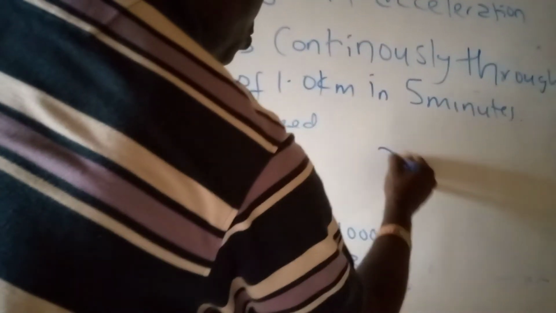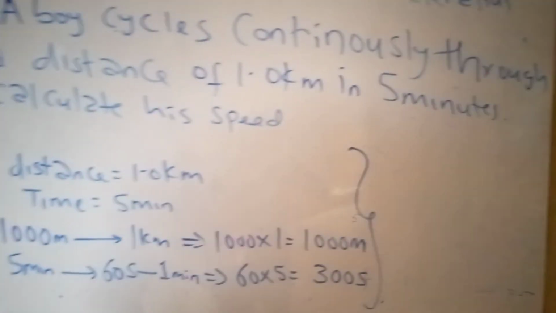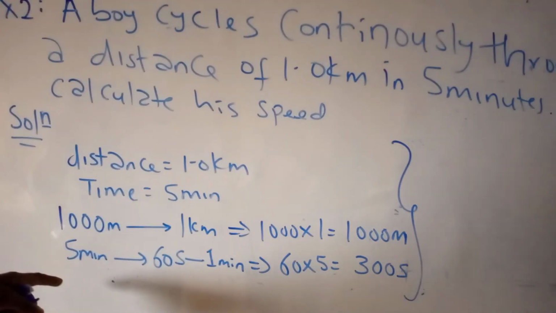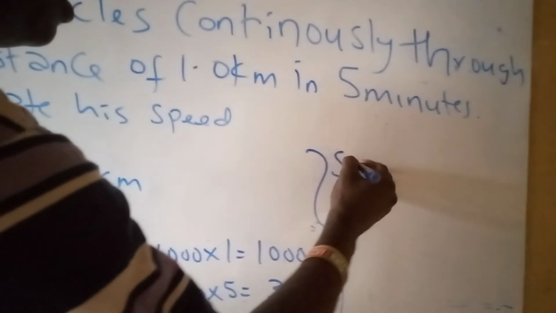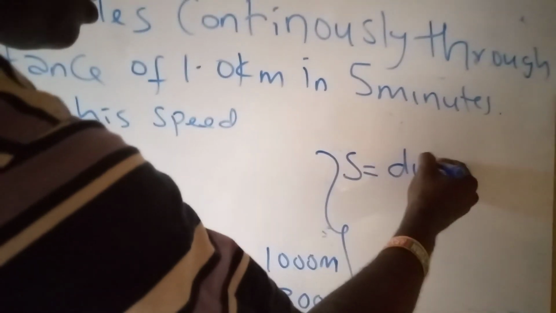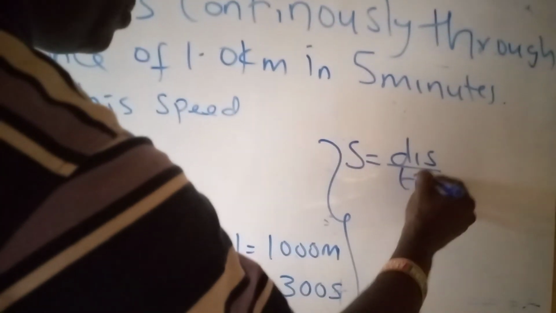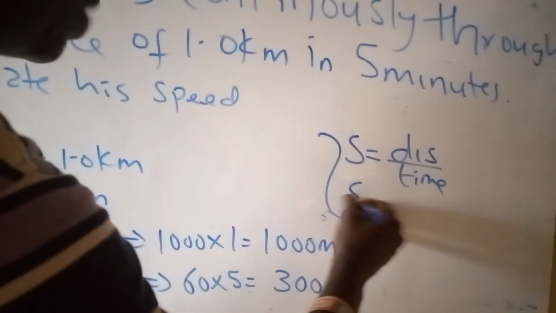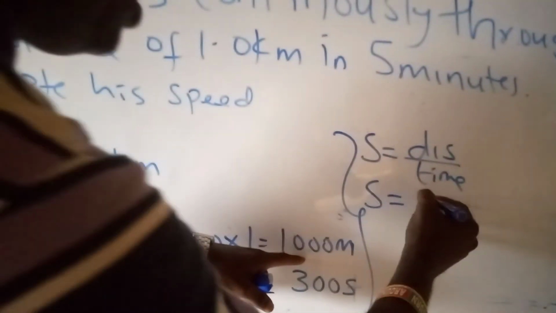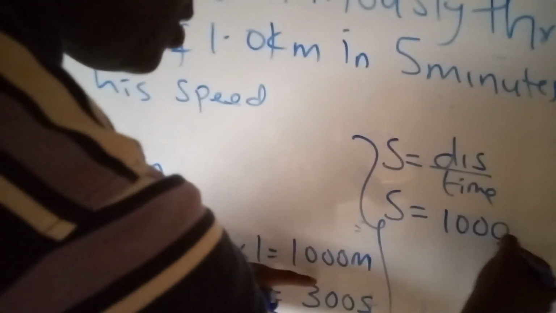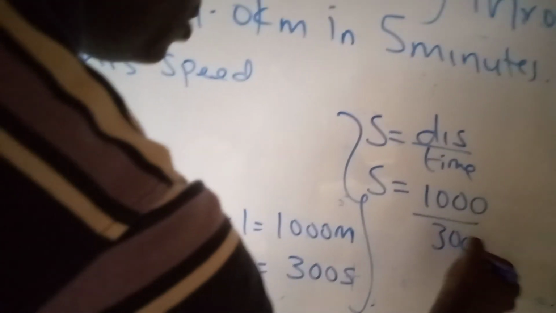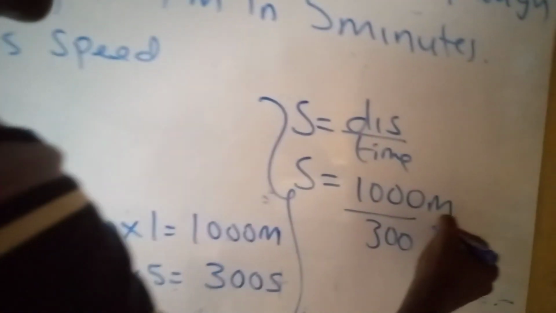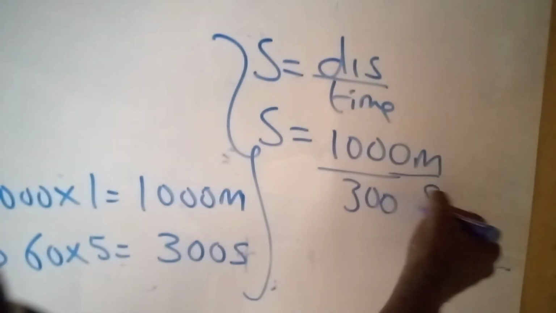Now we said speed is distance over time. Since we are calculating speed, the new distance over the new time is 1,000 over 300. Please don't forget, it is very important to have units in physics.